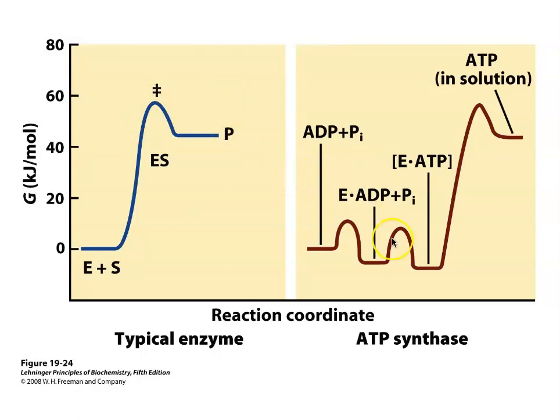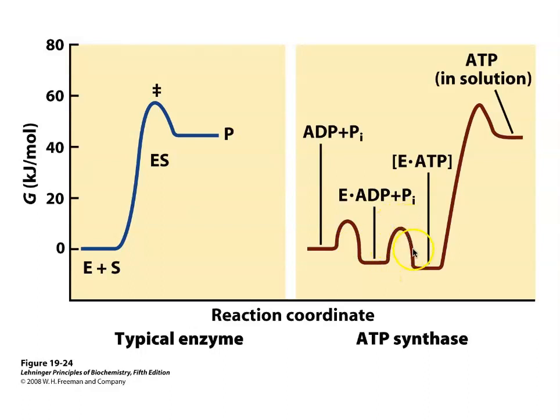But what happens in ATP synthase is actually very interesting. Now this is ADP and Pi. The complex between the enzyme and the two substrates has actually lower energy, and it appears that the enzyme stabilizes the two substrates.